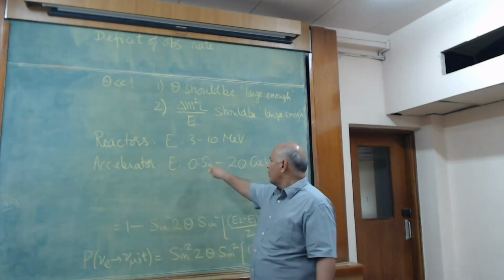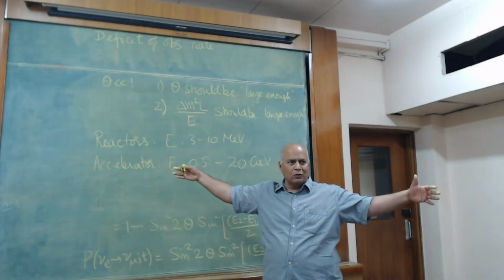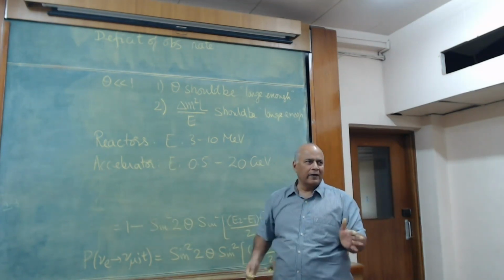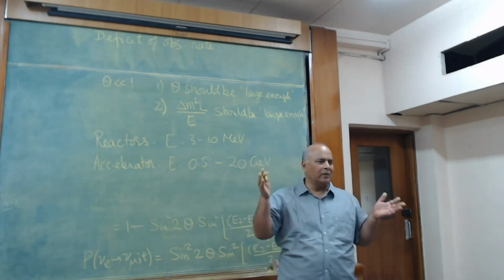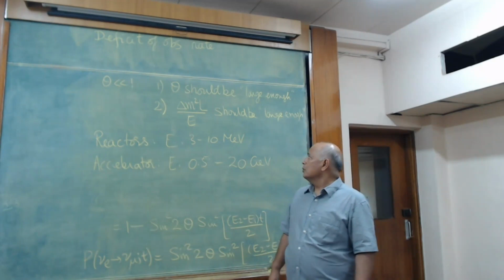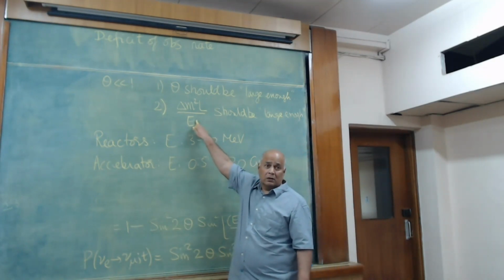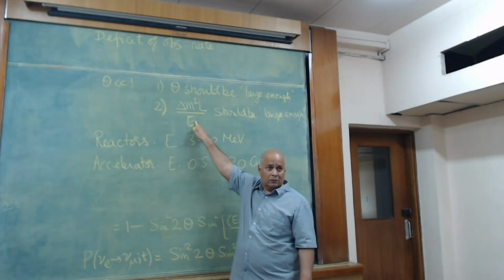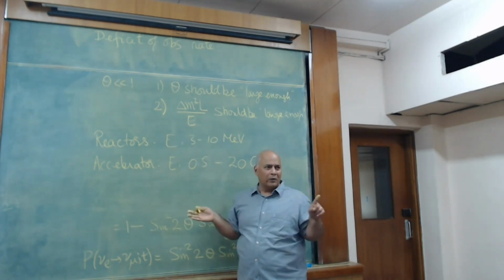Here I wrote 0.5 to 20, but that is for all the accelerators together. For a given accelerator, the range is such that E max by E min is 3 or 4. So what that means is this number is not a single number, but it will vary over a range.